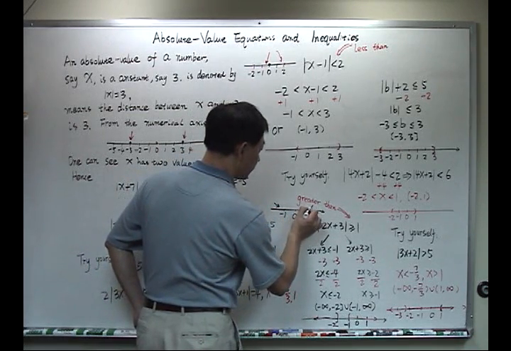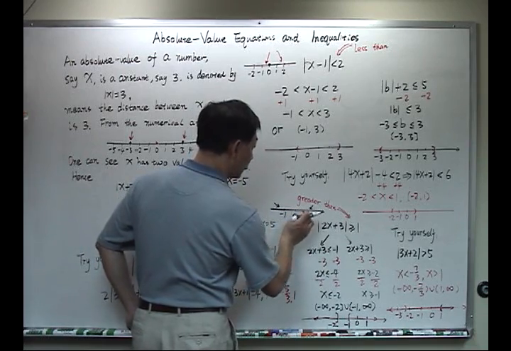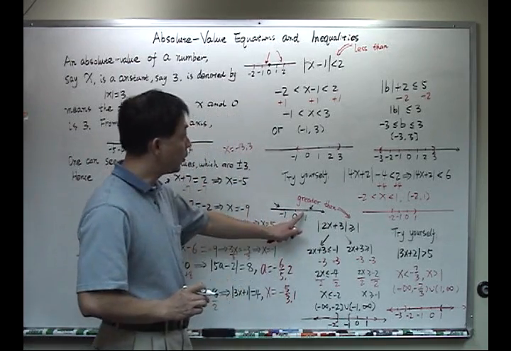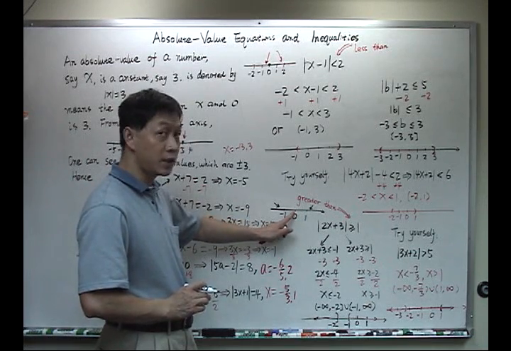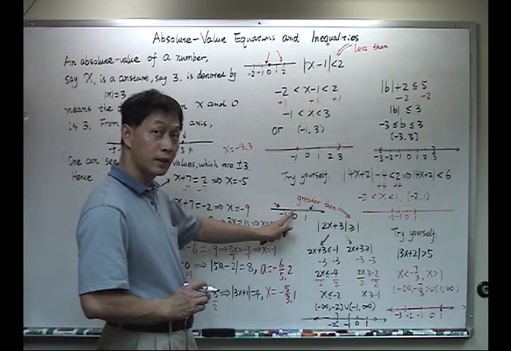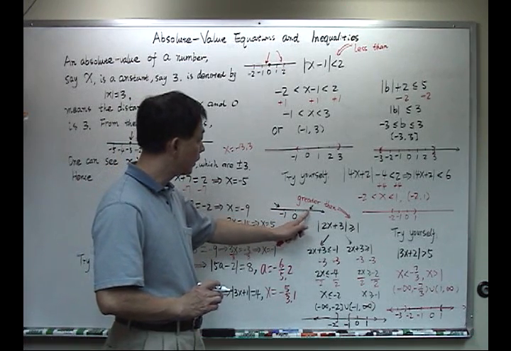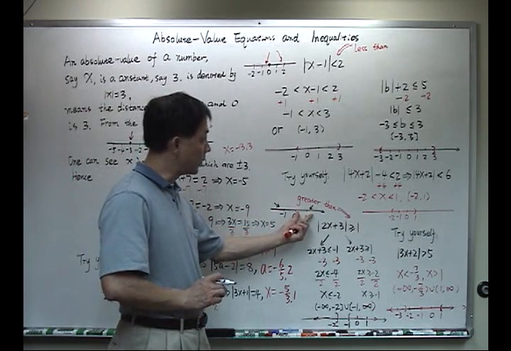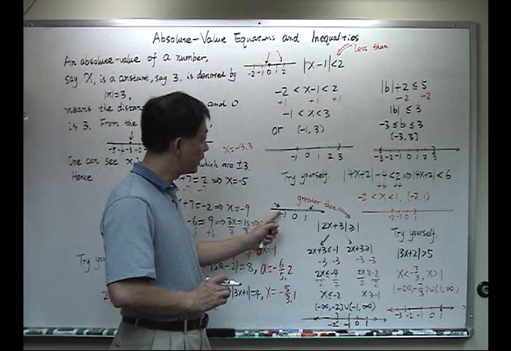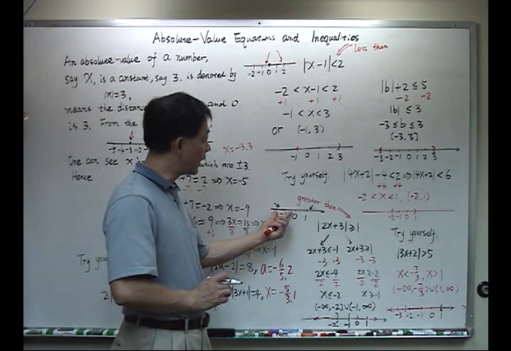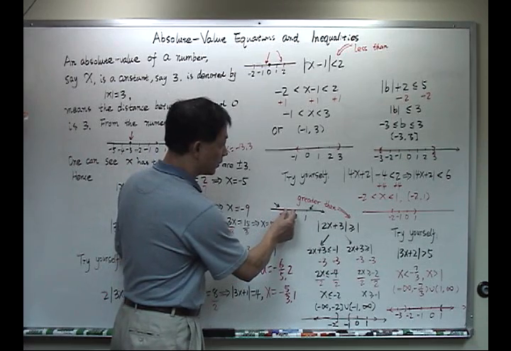It cannot be in between negative 1 and 1, because for any point right here, the distance between the point and 0 is less than 1. But the distance between the point here and 0 is greater than 1. The distance between the point here and 0 is greater than 1 also, because this is 1 unit.